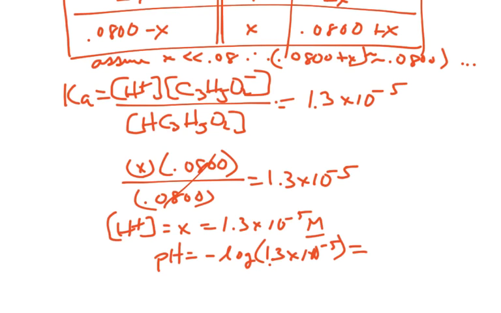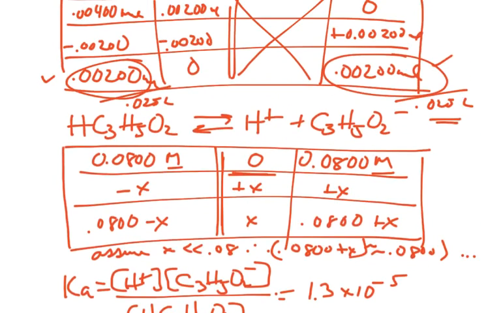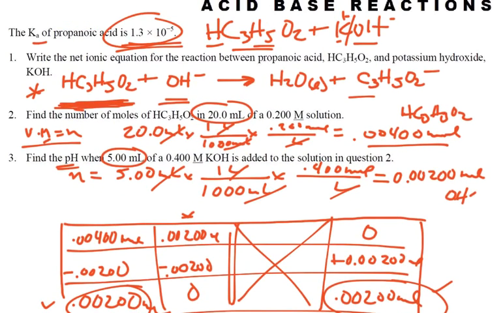And in fact, I get 3.586, which I would probably report as 3.59. So that is the pH I would get from putting 5 milliliters of my base into the 20 milliliters of my acid.